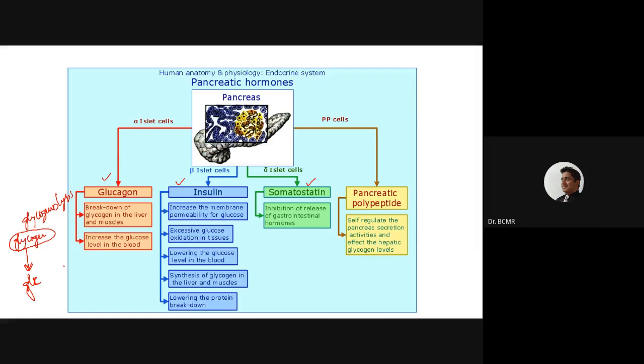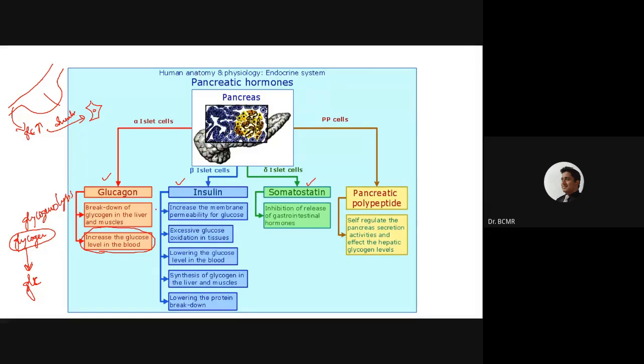So what is glucagon actually doing? It is increasing the blood glucose. When food is digested and glucose is taken up from the intestine, blood glucose increases, that is taken up by the cells, and that job is done by insulin.